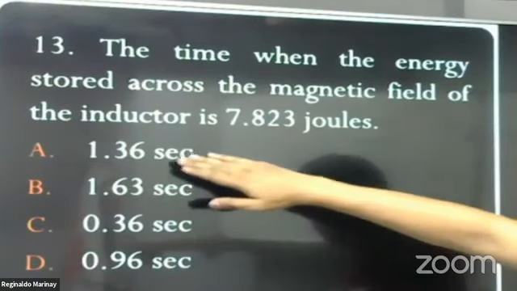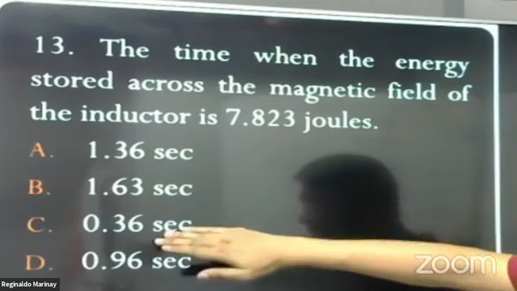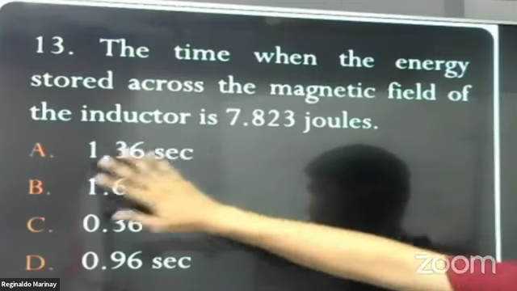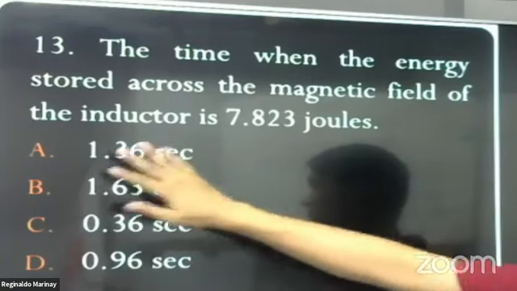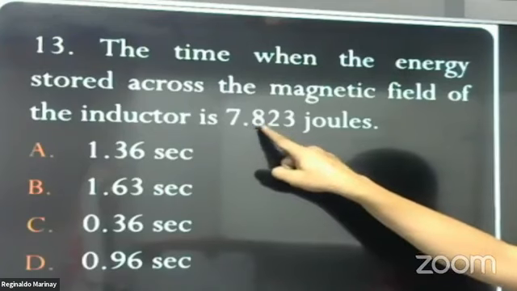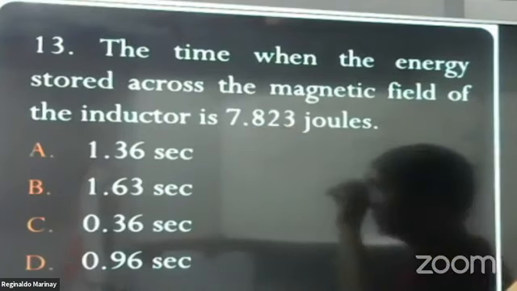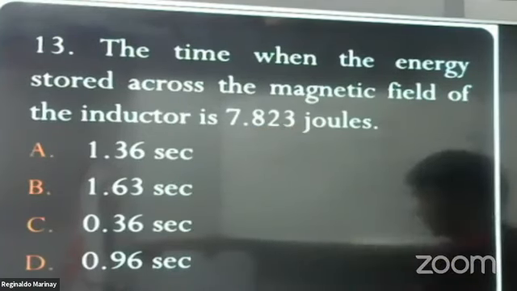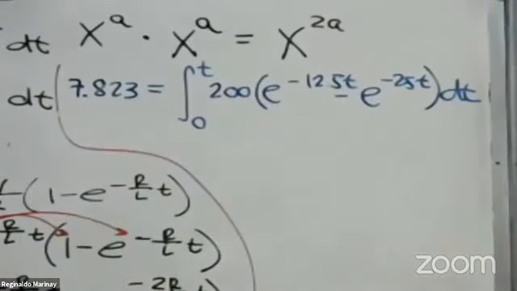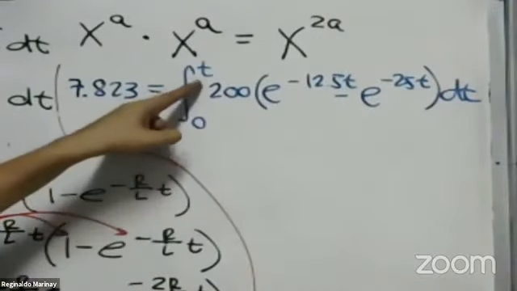The choices are A, B, C, D. These are in seconds. You are going to choose what letter will give you energy of 7.823. You just have to substitute to our equation. Let's go back to our equation. This is our equation.